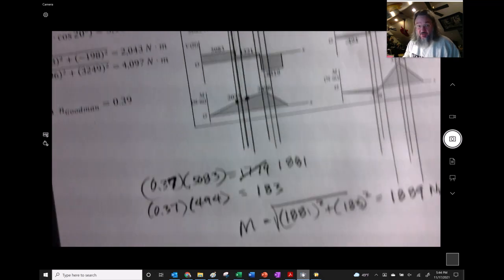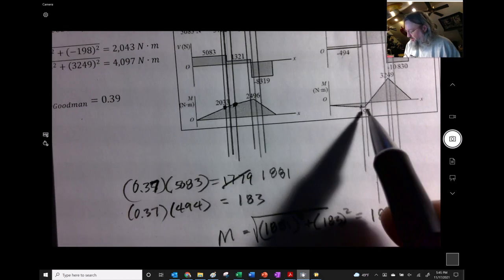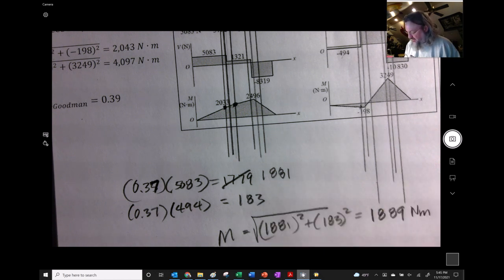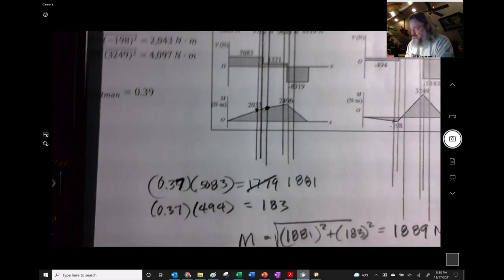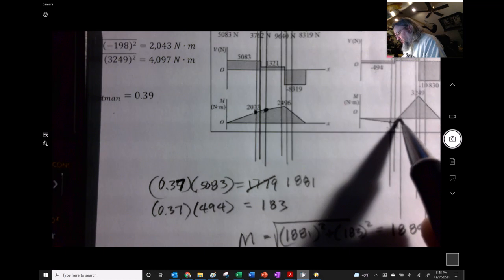So now that becomes, so the moment there is 2059, and now this one is a little ridiculous right here, because it's going to be 2059, but this one is now going to be a little higher.